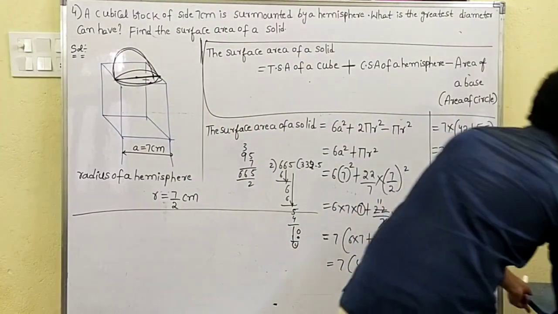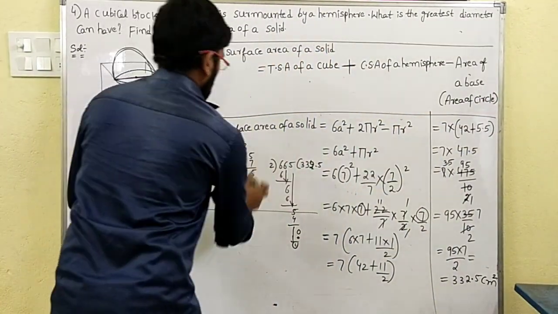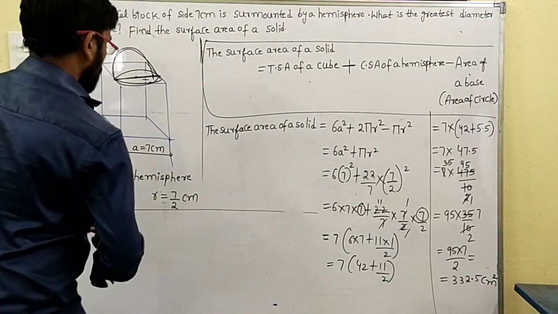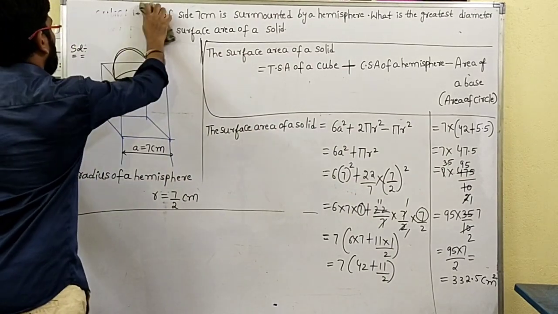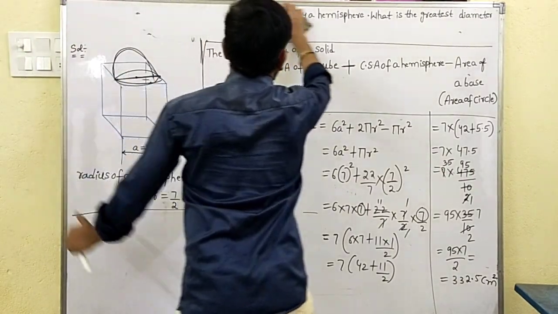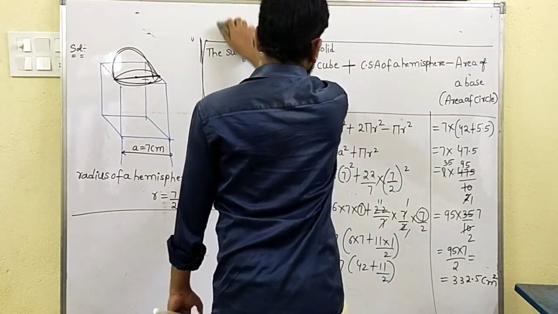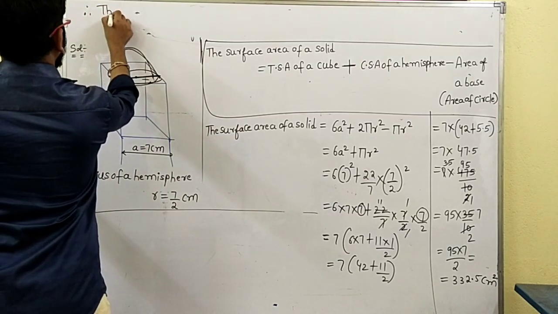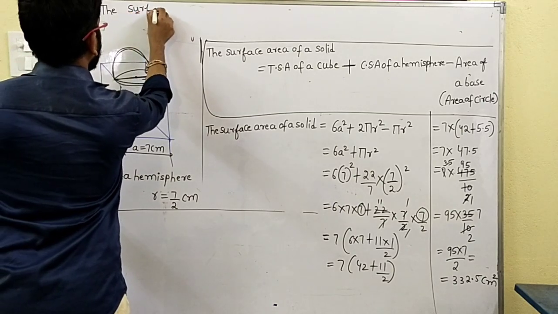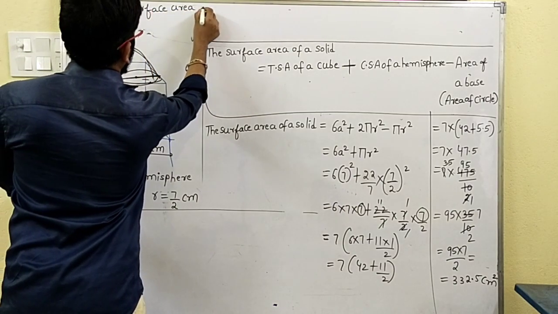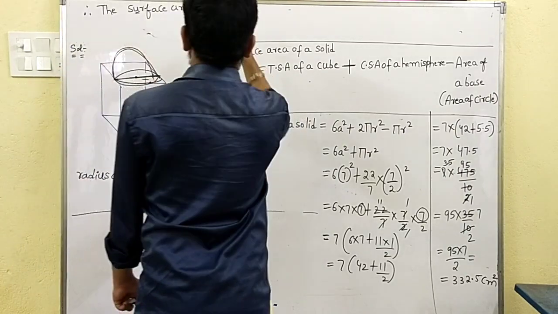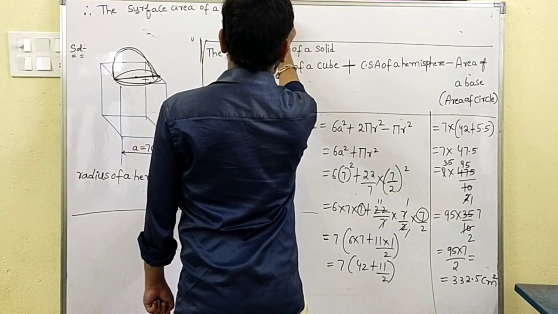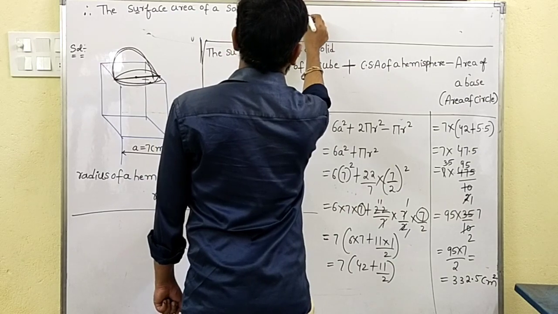Therefore the surface area of a solid is equal to 332.5 centimeters square.